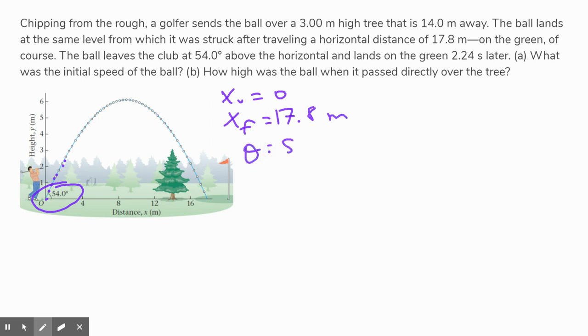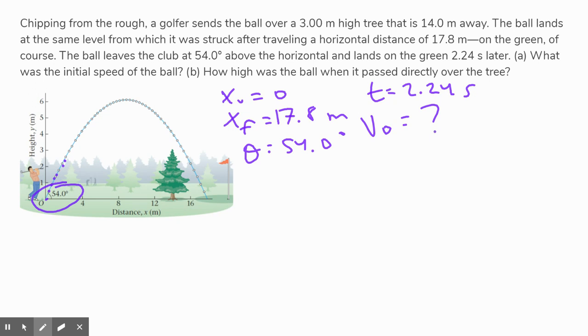We know theta is 54.0 degrees. We know time is equal to 2.24 seconds. We know that at the end, velocity, well, the ball is going to come to rest, so velocity would go to 0, but we want to know what that initial speed is. So what does it leave the golf club going? At what velocity?